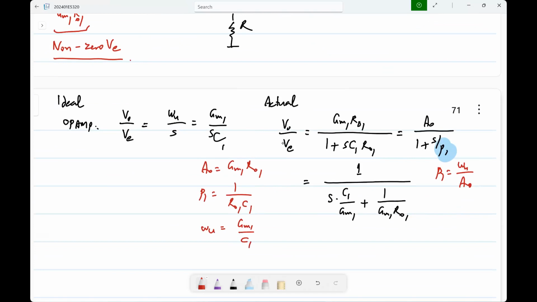This is a slightly different form. Essentially, this is the ideal part, and you get some extra there. So that's what this is telling you. You have some finite gain A naught, and then a pole at P1.